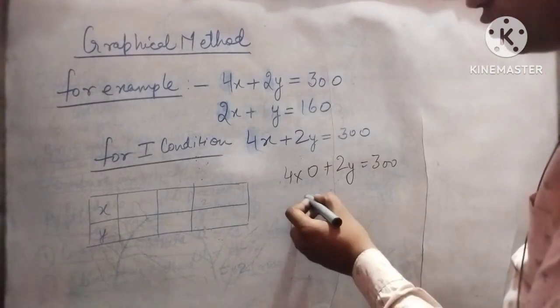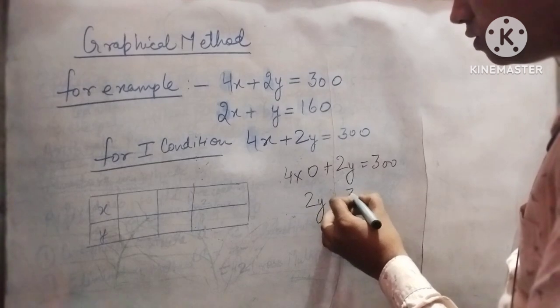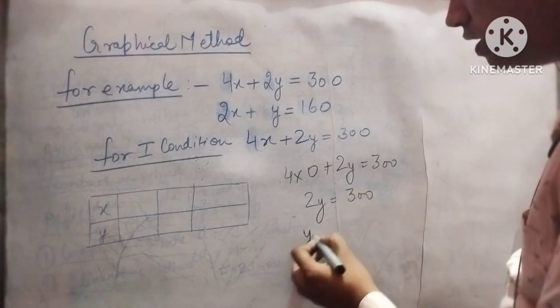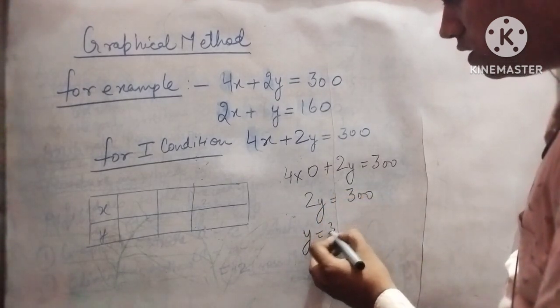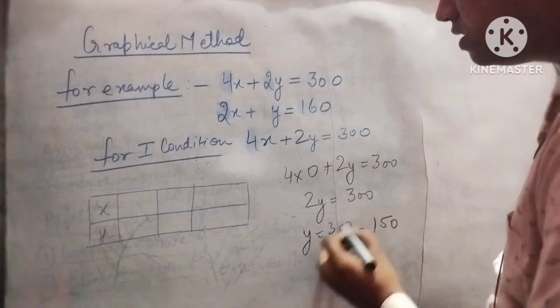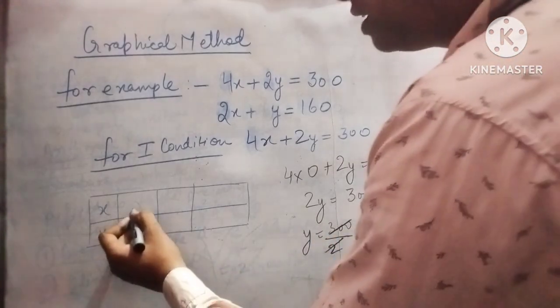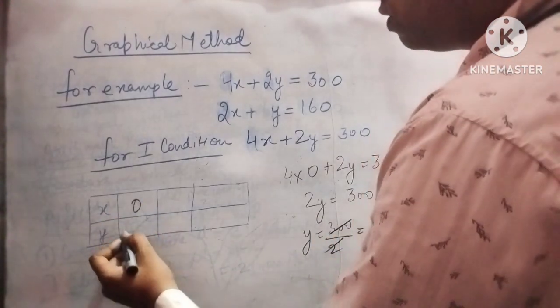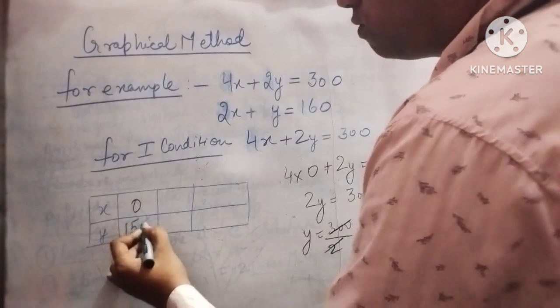So 2y equals to 300, then y is 300 upon 2 is 150. So when we are taking x as 0, the value of y is 150.